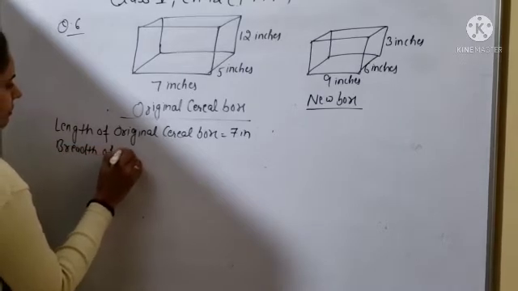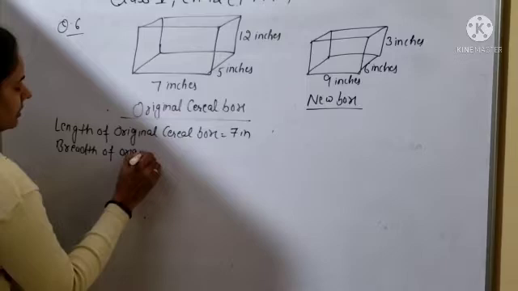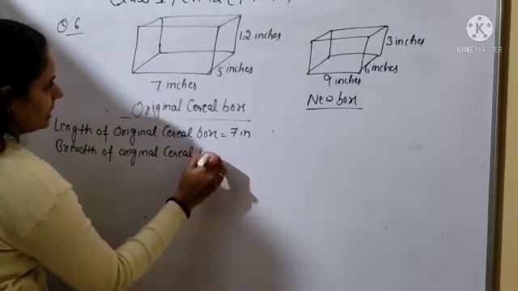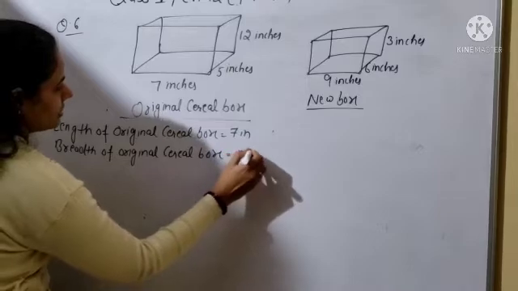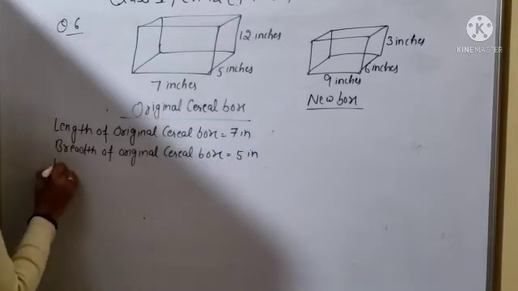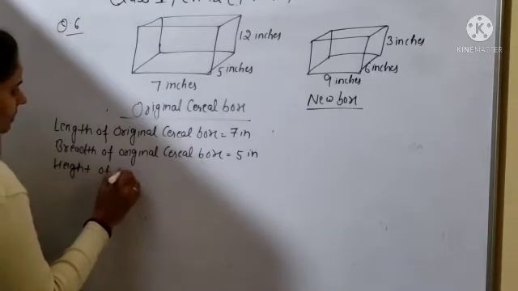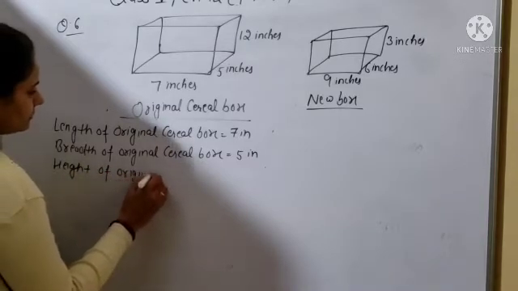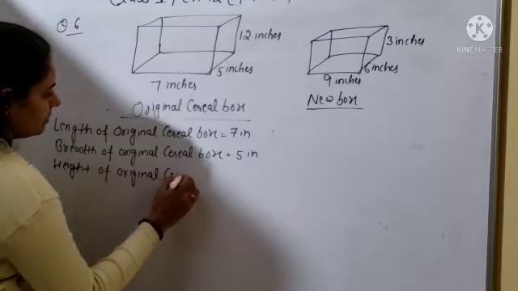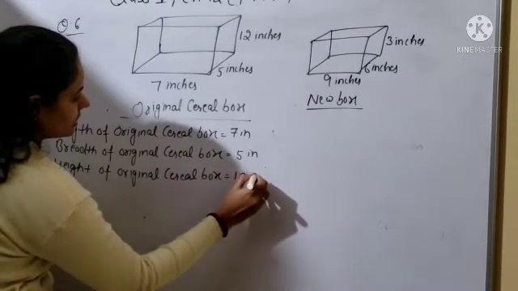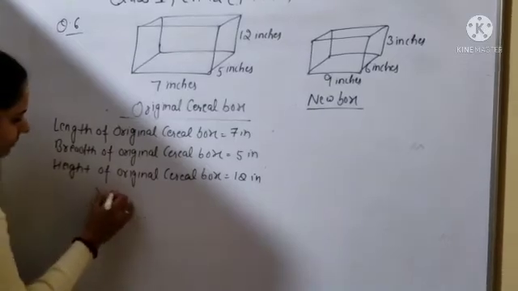Breadth of original cereal box is equal to 5 inches and height of original cereal box is equal to 12 inches. Clear? So what will be the volume?